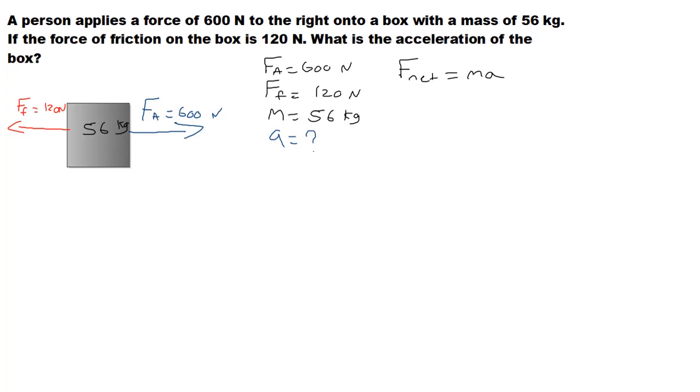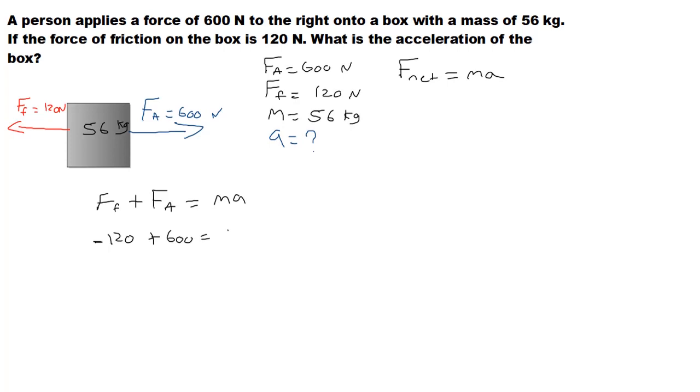So the force of friction plus the applied force is equal to the mass times acceleration. Well, the force of friction is 120, but it is negative 120 because it's to the left. And the applied force is positive, is to the right.